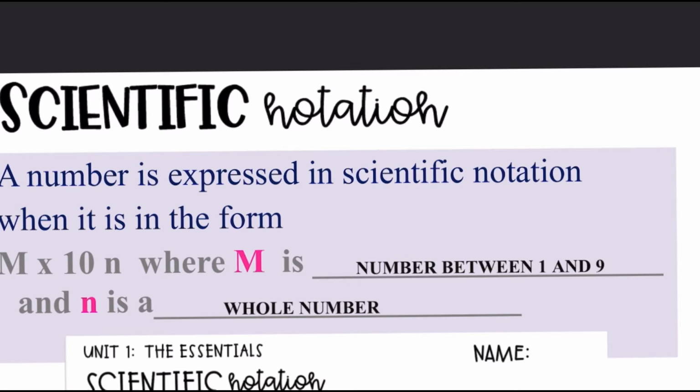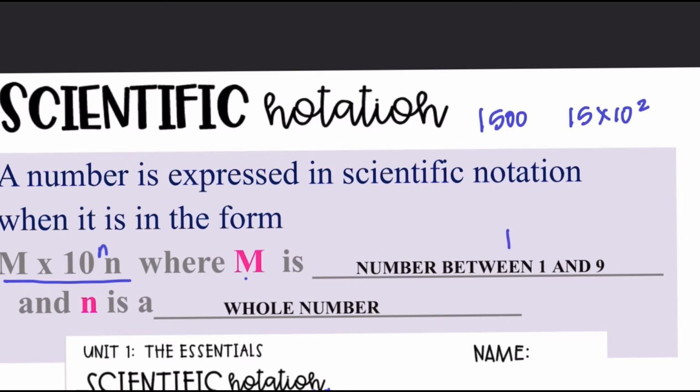So a number expressed in scientific notation has to be in this format: m times 10 to the n power, okay, where m is a number between 1 and 9. Meaning, if you wanted to put 1500 in scientific notation, you couldn't put 15 times 10 to the second.